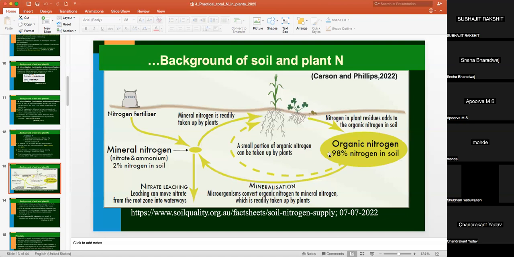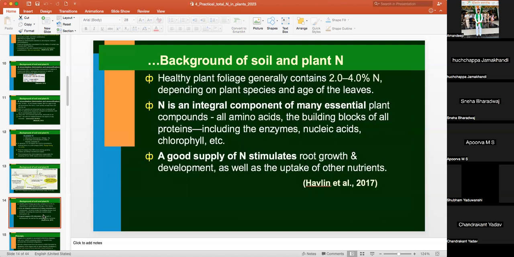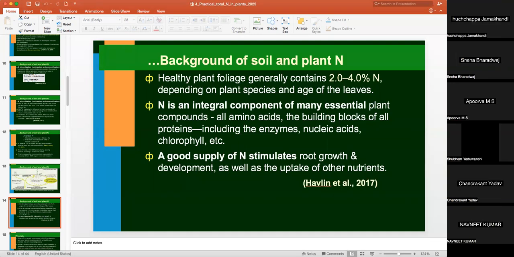It is shown here in the dotted line: some of the organic nitrogen can be taken up by plants directly. Healthy plant foliage generally contains 2 to 4% nitrogen, depending on plant species and age of the leaves. So here you can see healthy plant foliage contains on average 2 to 4% nitrogen.